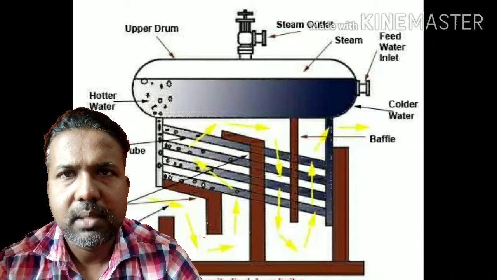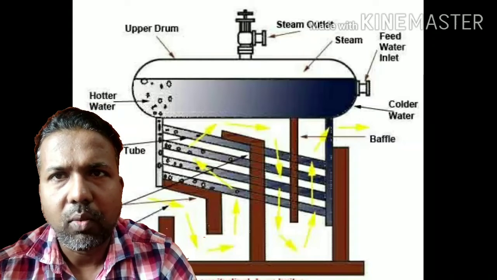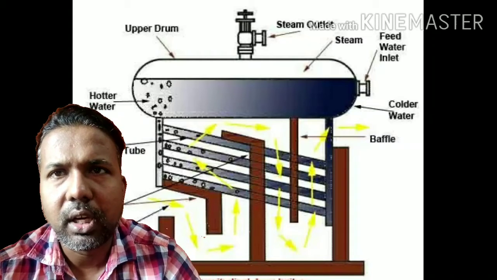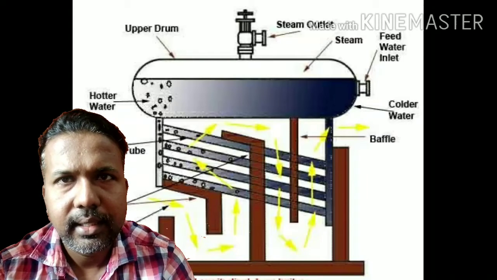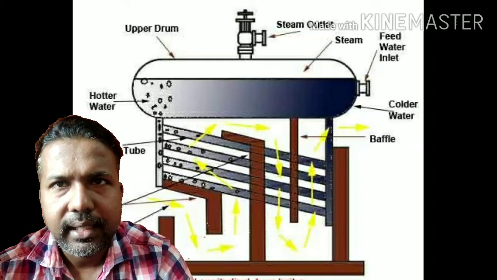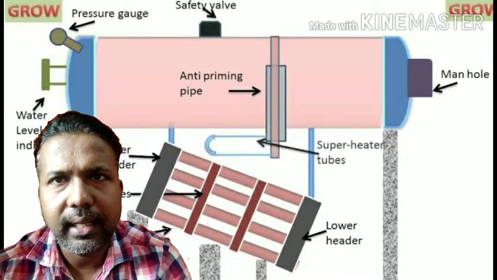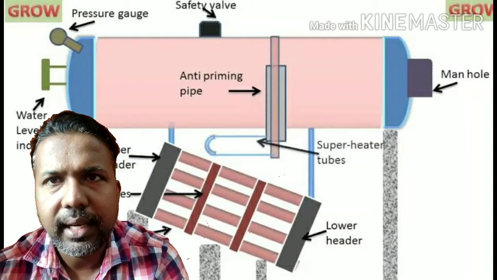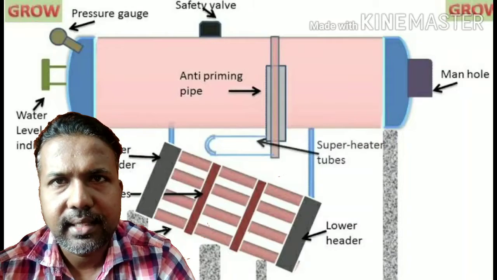First, in this boiler, the water starts to come into the water tubes from the drum through the downtake header. The water present in the inclined water tubes gets heated by the hot flue gases.